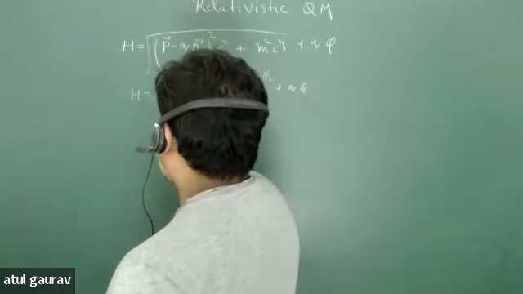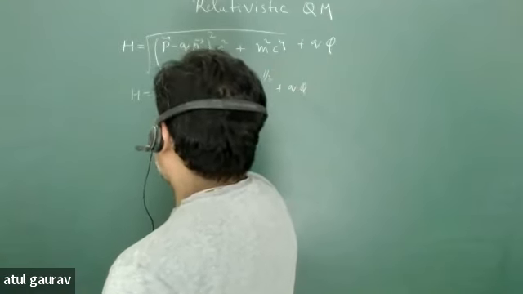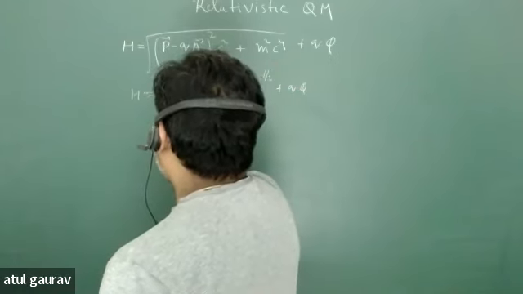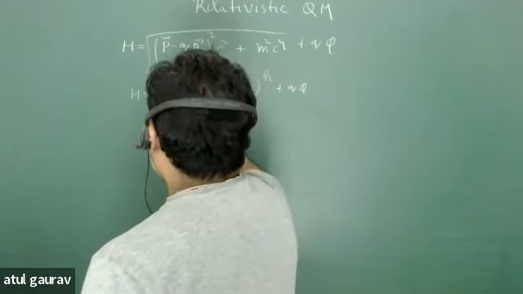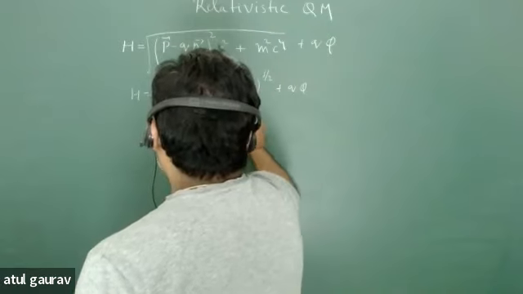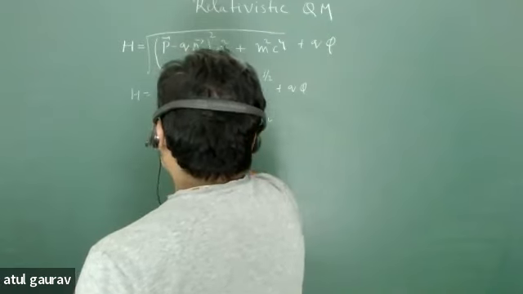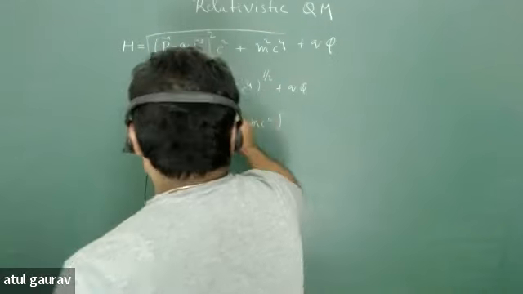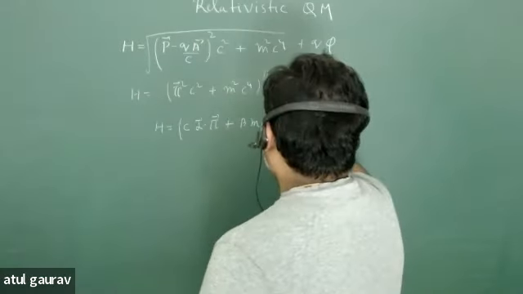Your Dirac Hamiltonian is C alpha dot pi plus beta MC square, and here you have Q phi.